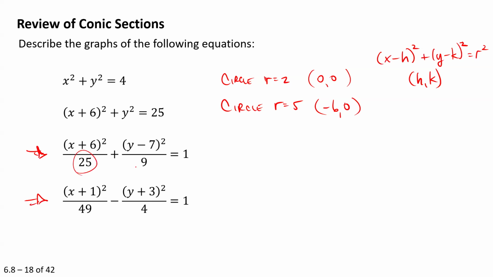Good. So this is an ellipse here. You can tell because it kind of has two, and I'm going to use air quotes for this, two radii, one going in one direction and the other going in the other direction. And so where's this centered at?